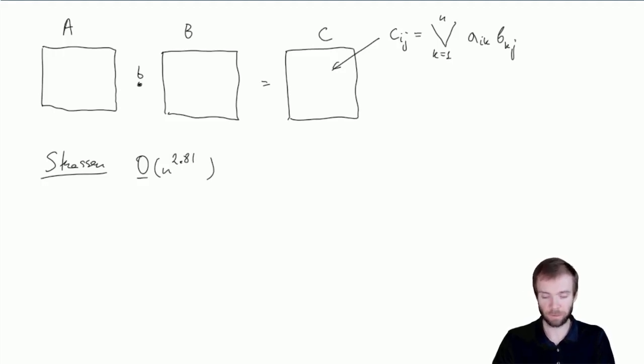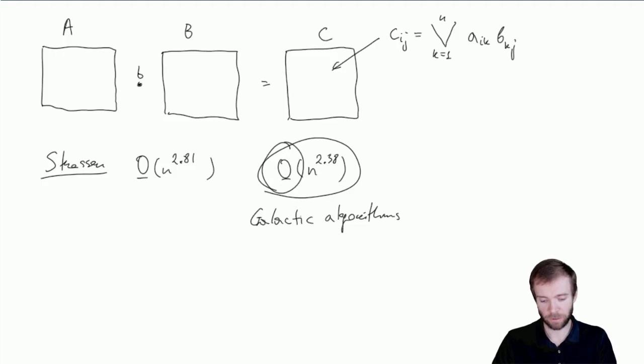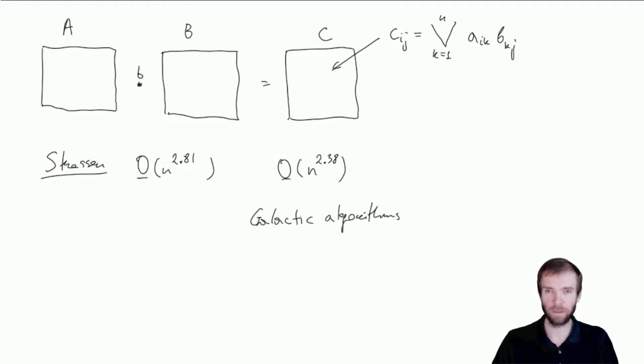And we have improvements here, of course, so we know that matrix multiplication can be carried out in time big O of n to the power 2.38, but these algorithms that actually perform the multiplication with this theoretic time complexity are galactic algorithms. Galactic algorithm is an informal term coined to name algorithms that have good theoretical complexity, but in practice the constant in this big O absolutely invalidates any practical use of the algorithm.